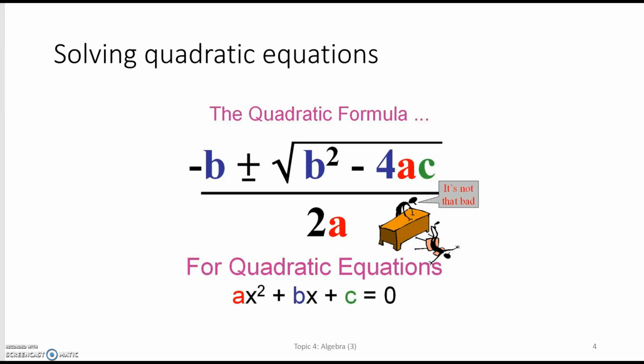They're not always going to be nice factorizable equations. Sometimes we're going to try for ages to factorize them and nothing happens. So in that case we say, okay, if we've got our equation written like ax squared plus bx plus c, then x equals, and there's a rule for it.